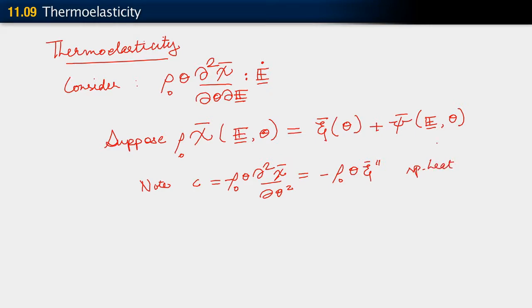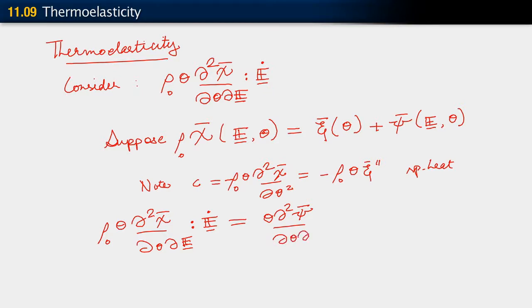Okay, all right. Let's talk about the next term now. So really, what we're talking about here is rho naught theta, the second derivative. This is essentially just theta times the second derivative of psi bar with respect to theta and E, times E dot.